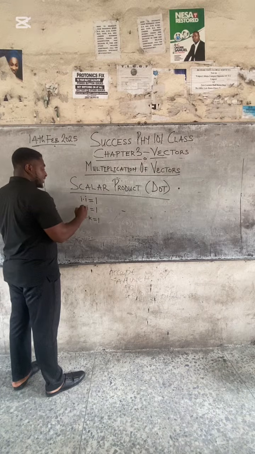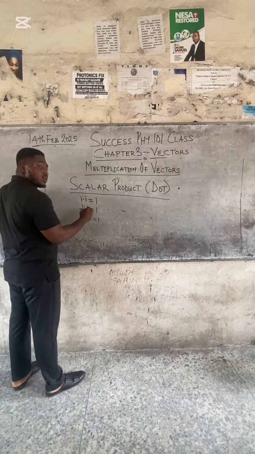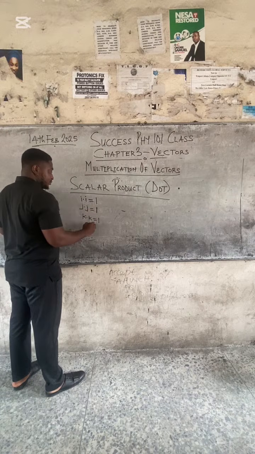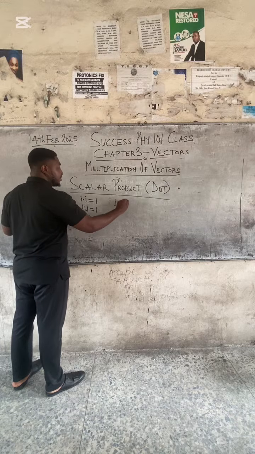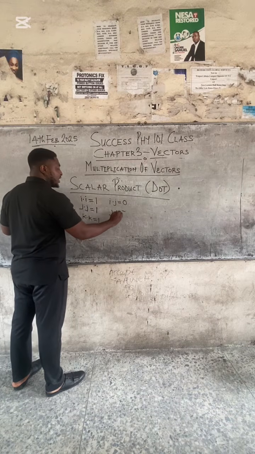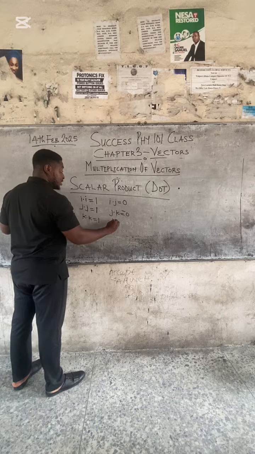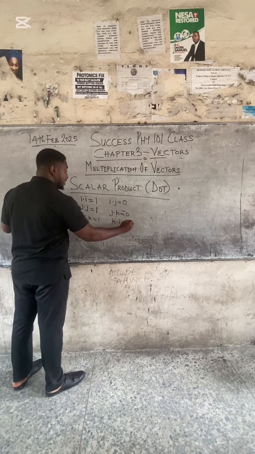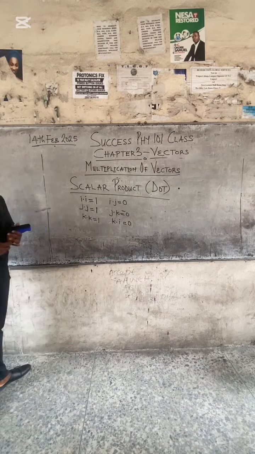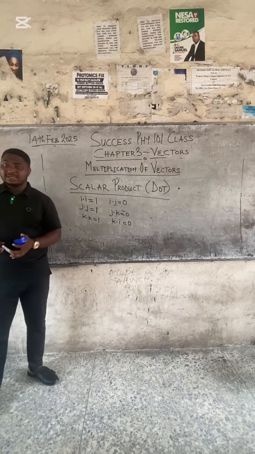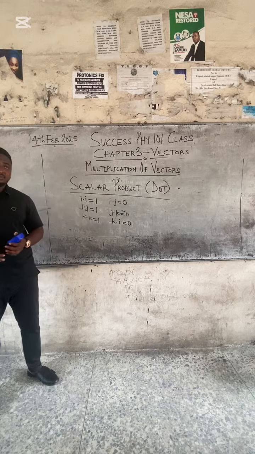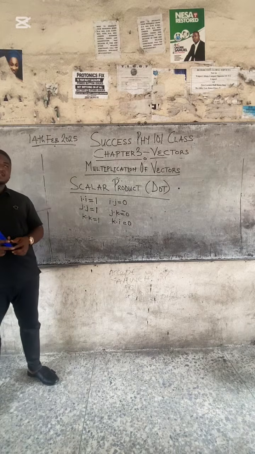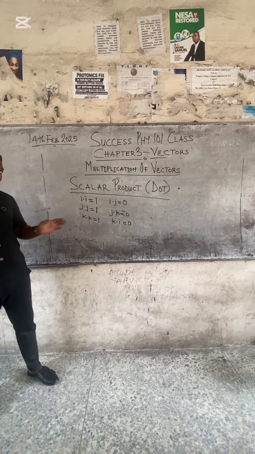When the vectors are the same, their dot product is 1. When the vectors are different, I to J is 0. J to K is 0. K to I is 0. When the vectors are the same, the answer is 1. When the vectors are different, the answer is 0. Simple. That is the simple and short rule of the scalar product.